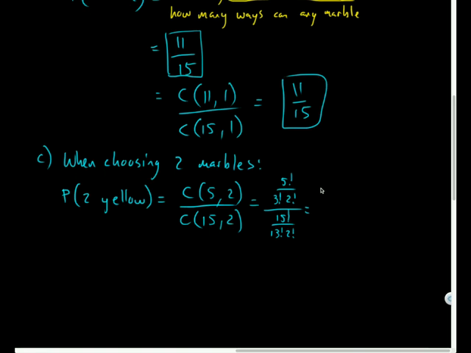So this is the same as 5 times 4 times 3 factorial over 3 factorial times 2, over 15 times 14 times 13 factorial over 13 factorial times 2. I'm not writing 2 times 1 because it's not necessary.